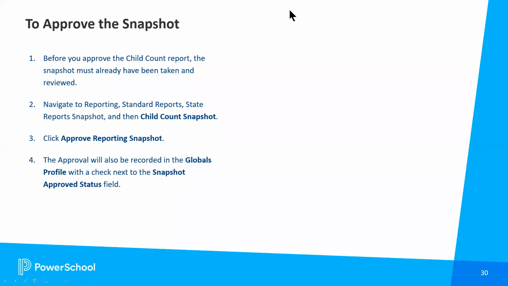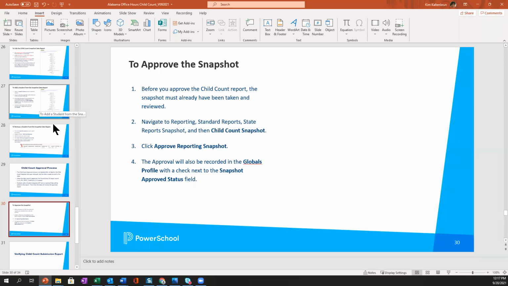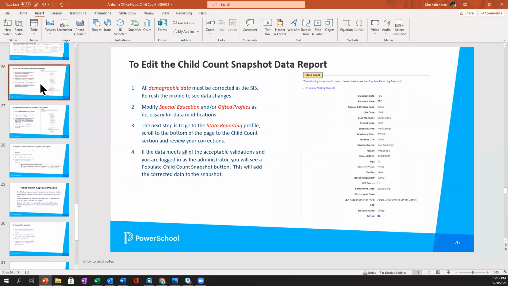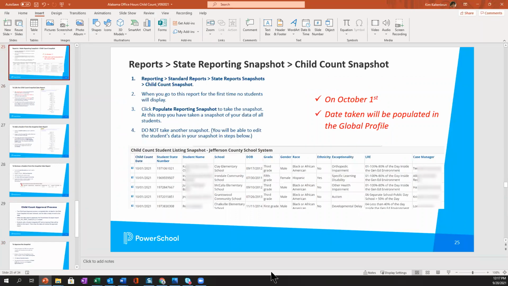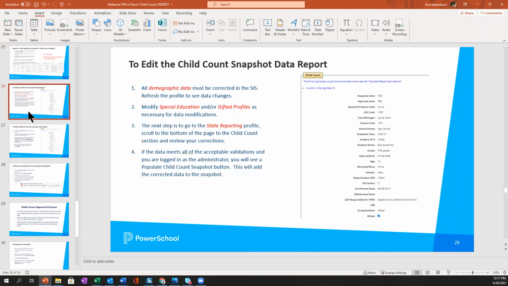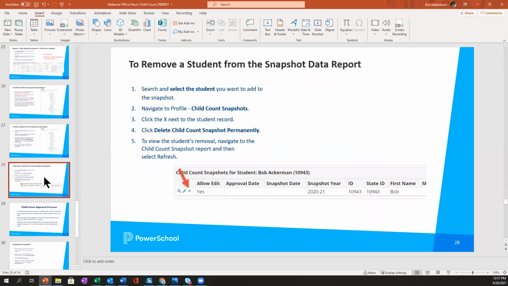I'm trying to find that screenshot. Oh, you said there'll be a little pencil right here next to it? Once they take the snapshot, if they click on any of those profile icons, it'll bring a message up and tell them where to go to do that. I'm trying to set up some data so I can show y'all, so I'm going to let you continue, Kim, till I can set that up.